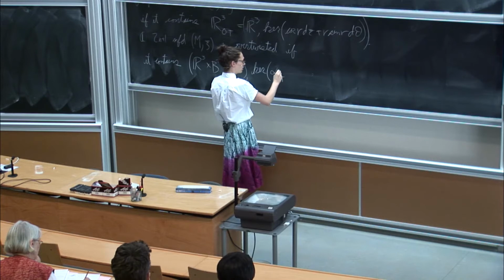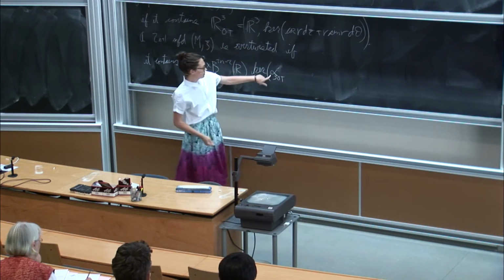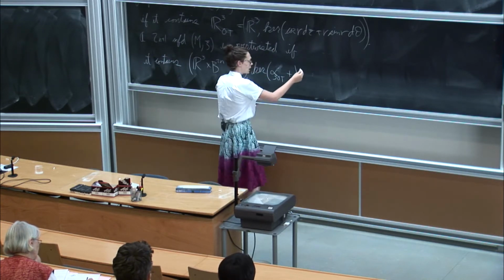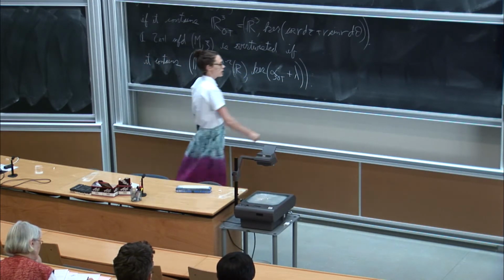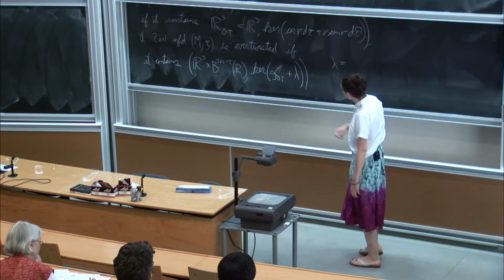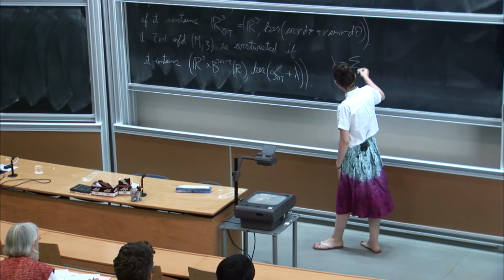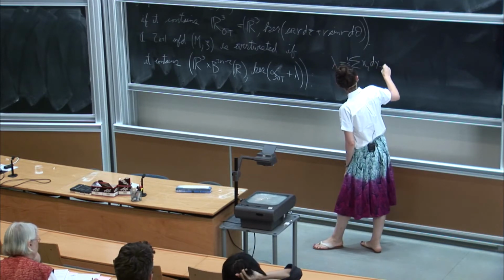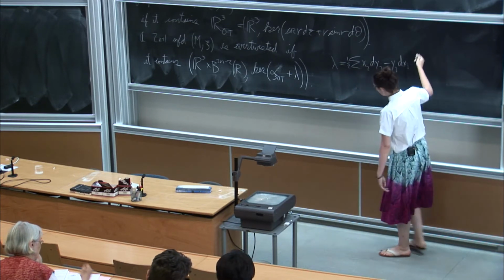This is just this form right here, plus lambda, where lambda is the standard Liouville form on C^(n-1), so the sum of x_i dy_i minus y_i dx_i.